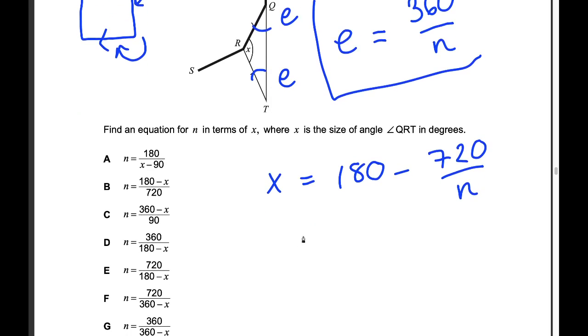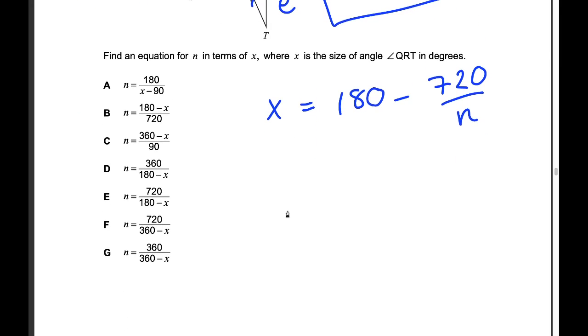So we've got to rearrange this formula to give it in terms of n. So if I swap this around, I can make 720 over n equal to 180 minus x. What I'm doing there is adding 720 over n and taking away x. Then I can flip this equation.